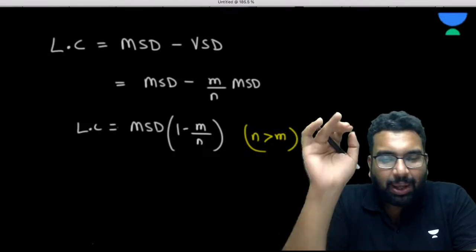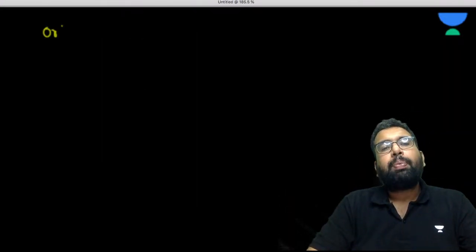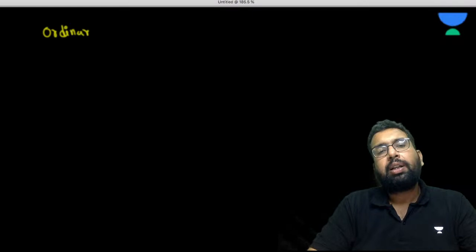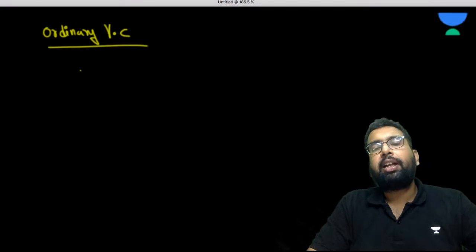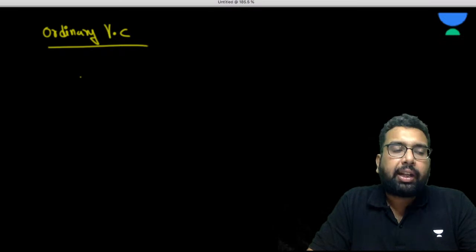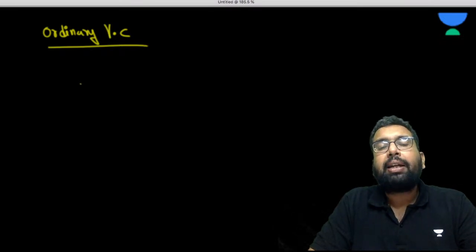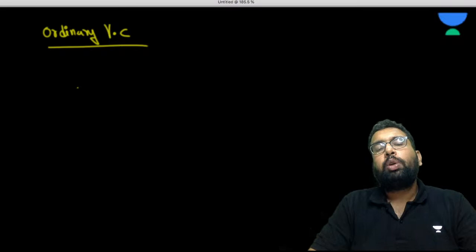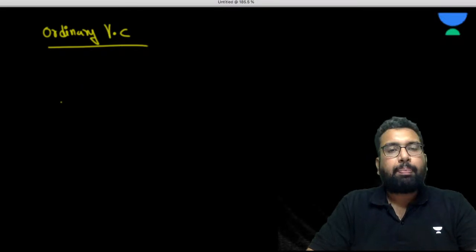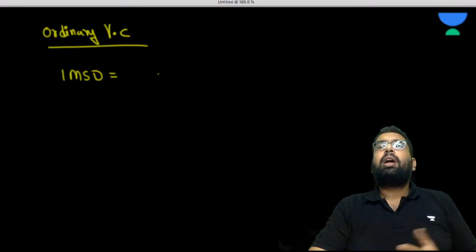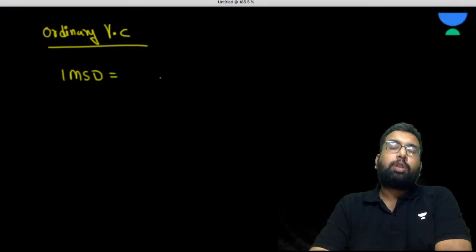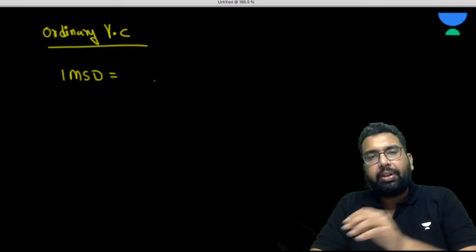Now please understand this. Let's move to the ordinary Vernier caliper. I hope this concept is clear to everyone. What happens in the ordinary Vernier caliper, the one I am holding right now, or the one available in the market, industry, laboratories? First of all, the main scale division is quite like the meter scale.